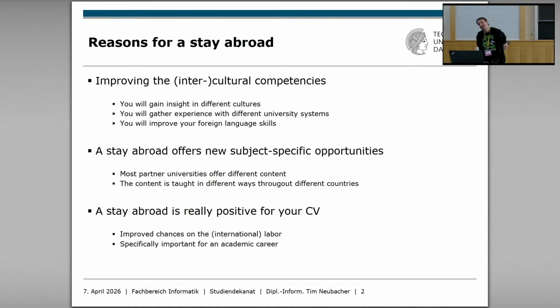The benefit of gathering intercultural competencies is already given, but you can always gather more. So if you're interested in getting some new impressions, other courses or whatever, go for it. There's no real reason not to, but whether there are reasons to go for it depends.